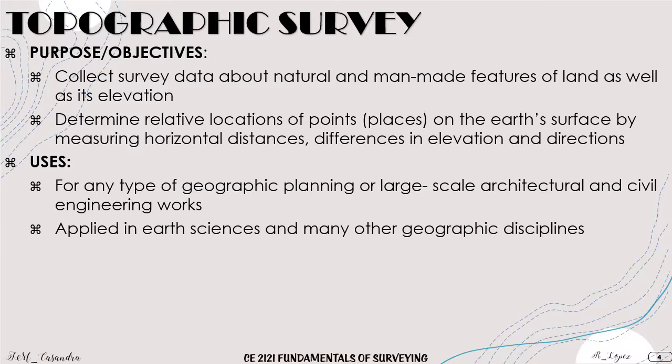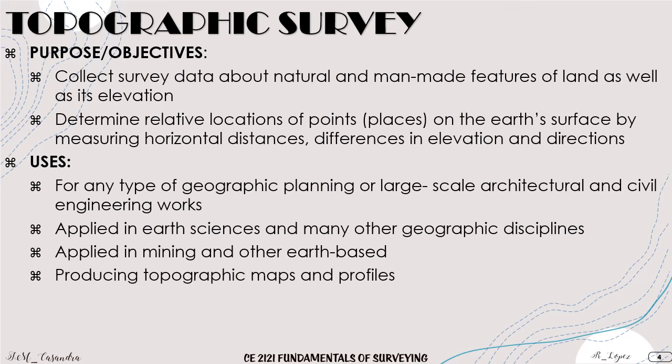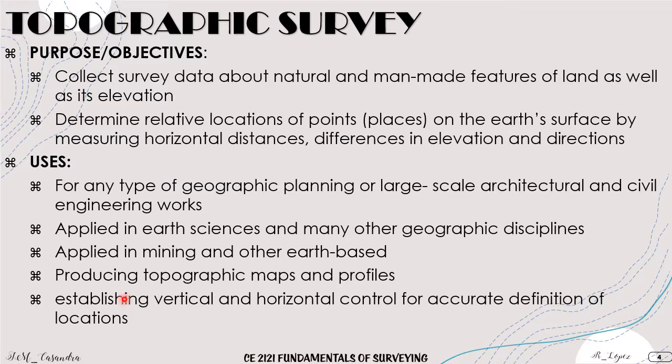This is used in applied sciences and many other geographic disciplines. Topographic surveys are also used and applied in mining and other earth-based disciplines. So producing topographic maps and profiles and establishing vertical and horizontal control for accurate definition of locations.